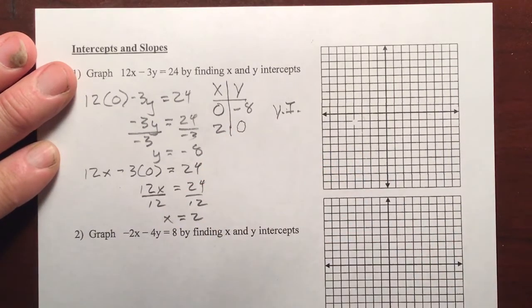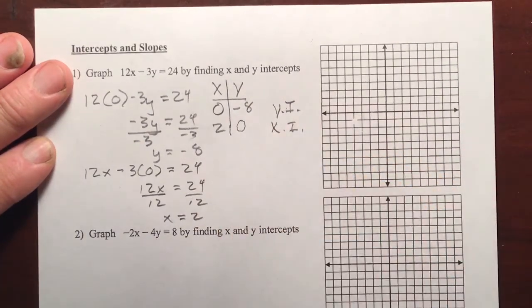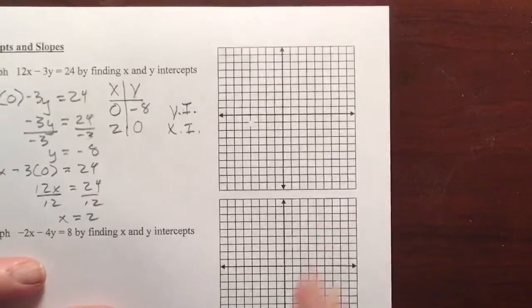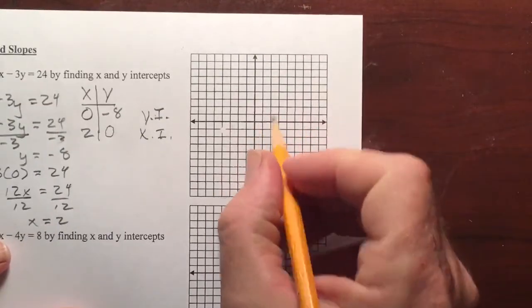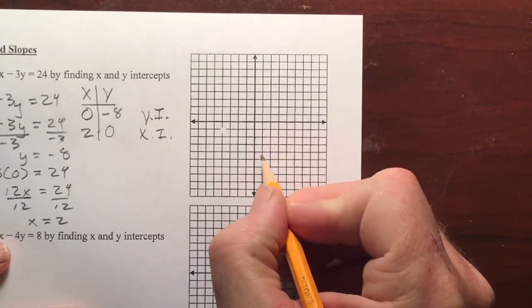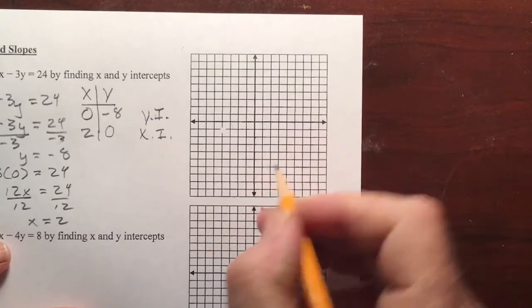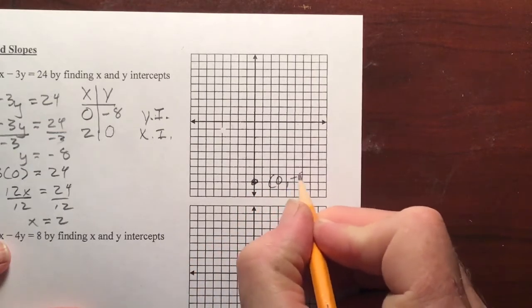Now all I have to do is plot those two intercept points. Start over here at the origin, and plot 0, negative 8. So you go 1, 2, 3, 4, 5, 6, 7, 8. So that's 0, negative 8.